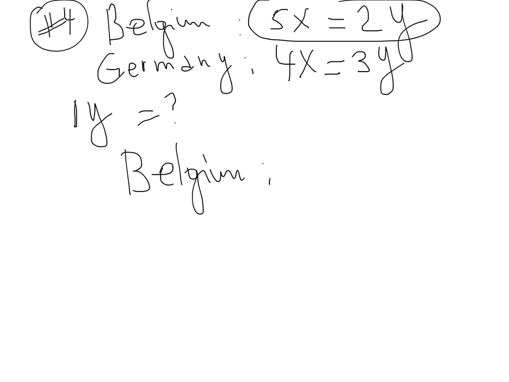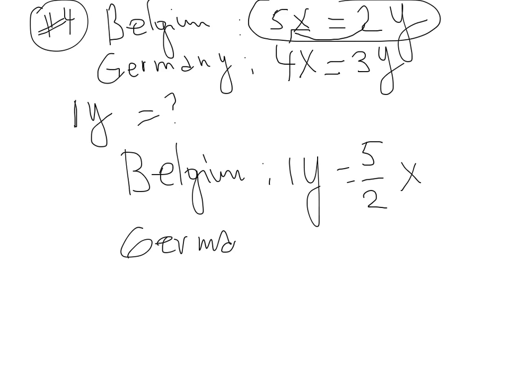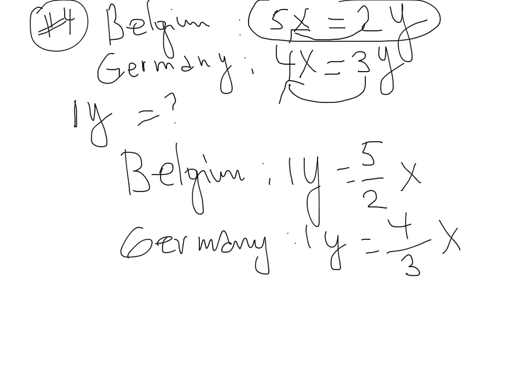If we solve for 1Y, 1Y equals, this 2 is going to go over here, 5 divided by 2 X. We do the same for Germany: 1Y equals, this one goes here, 4 divided by 3 X. So those are the terms of trade between these two numbers.